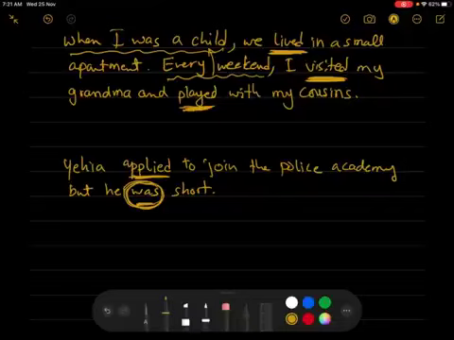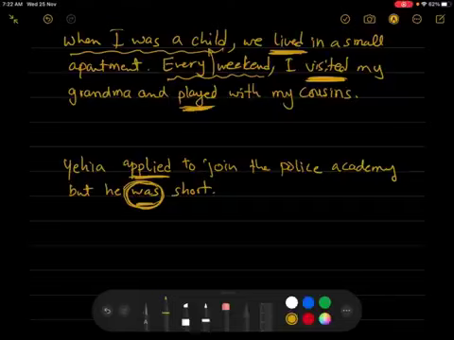As I said before, we can use past simple to talk about things that are still true in the present with focus on a past situation. We said he was short because the focus was on a past situation in which Yahya applied to join the police academy.